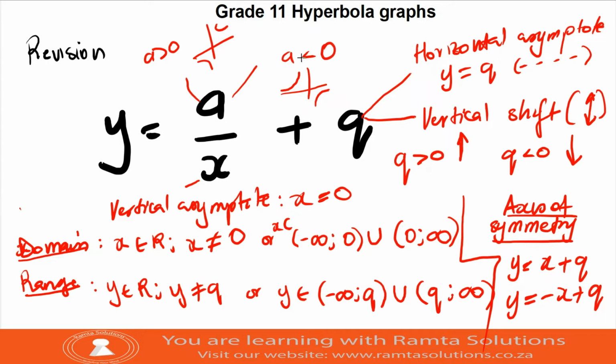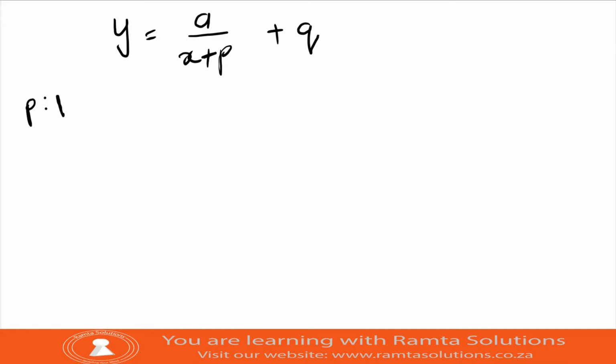Now let's get to grade 11. Okay, this is all you did in grade 10. Now for your grade 11, we will say y equals a over x plus p plus q. Now p, we said it represents horizontal shift.